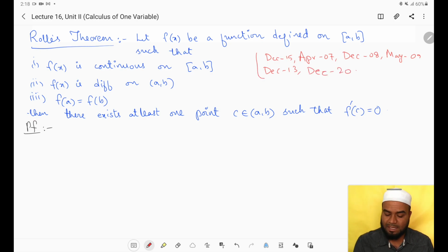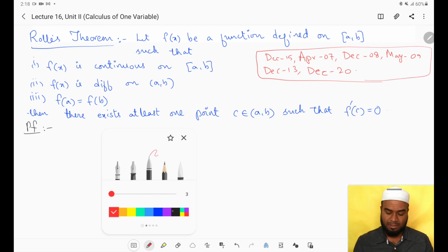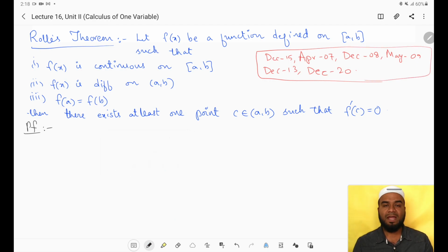So in all these exams this theorem was asked: state and prove Rolle's theorem, right? The question will be state and prove Rolle's theorem. You have to write the statement, and also you have to write the proof, right?